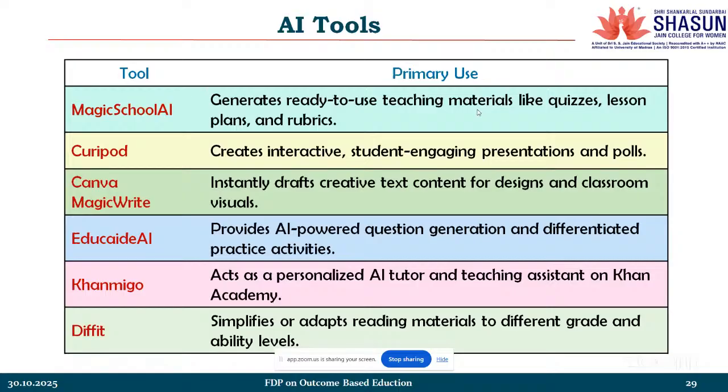And next we have this QReport. QReport is an interactive tool. Suppose I have a particular topic and I need to create a presentation. I can immediately give the topic, and it will create a presentation for me. And in between the presentation, if I need to create any activity for the students, I can do that. So it is a very interactive platform.